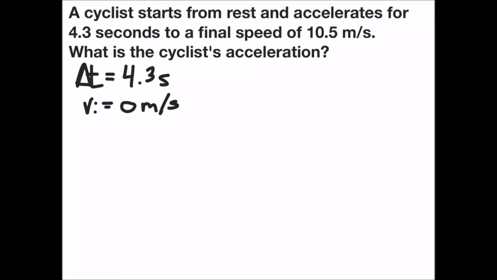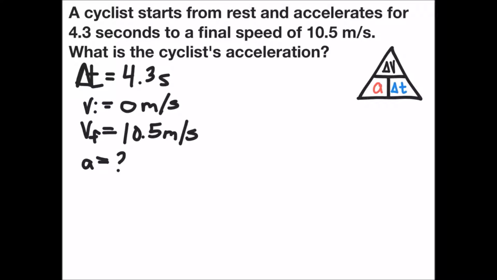And we know the cyclist has a final speed, or VF, of 10.5 meters per second. The question asks us, what is the cyclist's acceleration? So I'm going to identify that by A equals question mark.